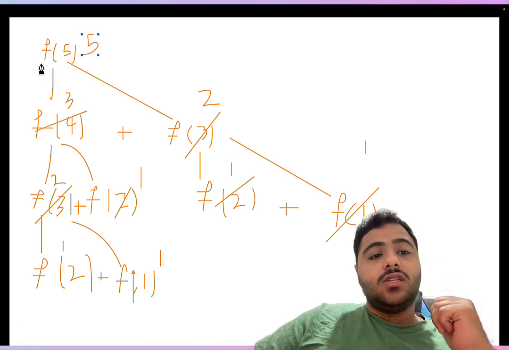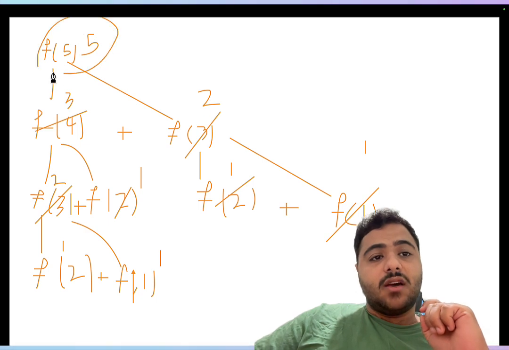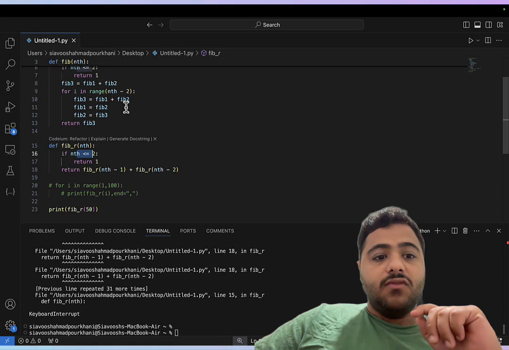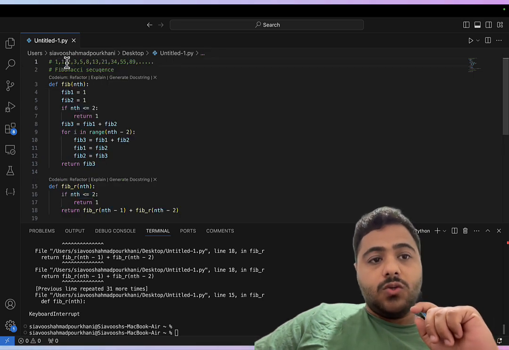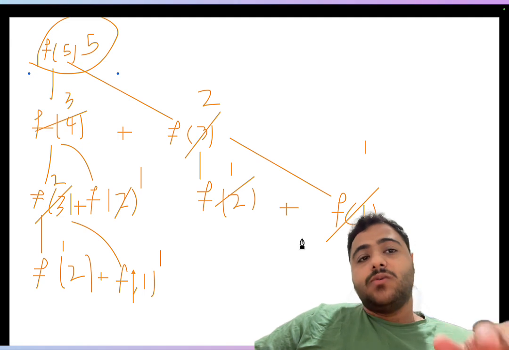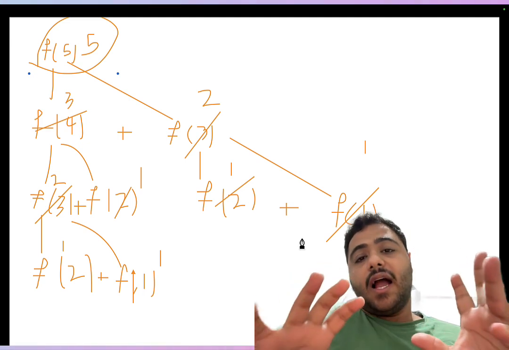So the fifth element of the Fibonacci sequence is actually 5. Let's see, 1 2 3 4 5. Yeah, that is right. And this is how the recursive algorithm works.